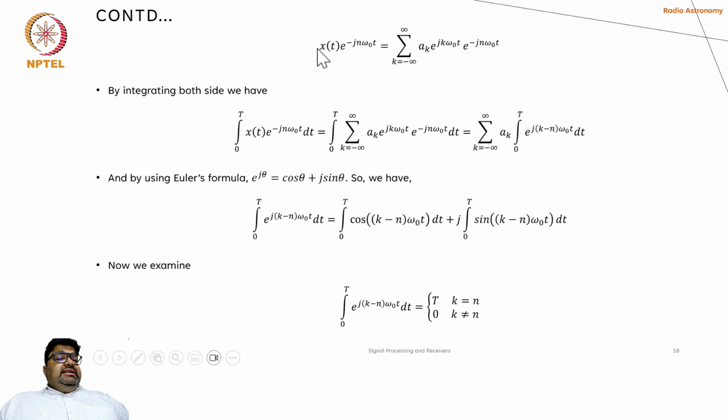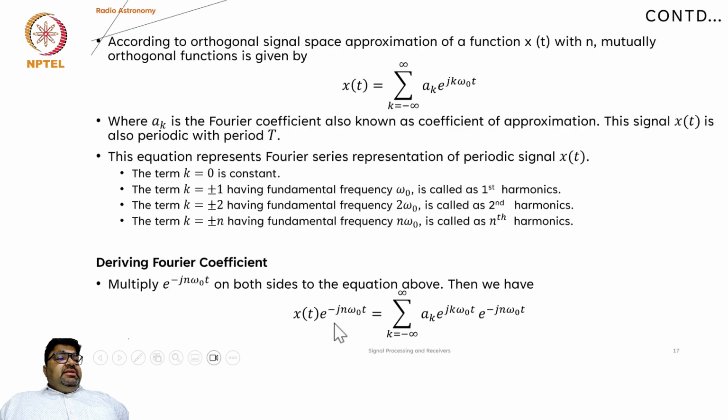So let's go back and start again. You have this function x of t given as a summation over k going from minus infinity to plus infinity of a k e to the power j k omega naught t.